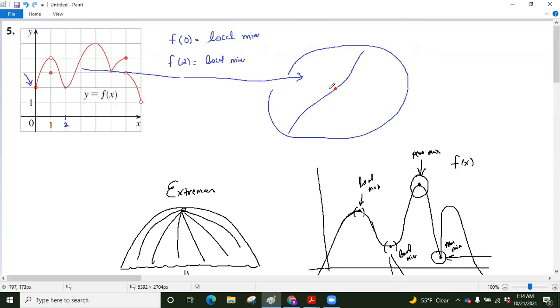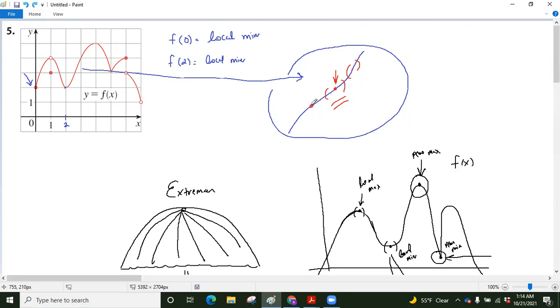If we draw a point here and look at a small neighborhood, is this a point where, throughout the entire neighborhood, it is either the smallest point or the biggest point? Looking at this type of line, we can quickly understand that for every single point in its own neighborhood, there are points that are greater than this point, and there are points that are less than this point. So it's neither a local minimum nor a local maximum.